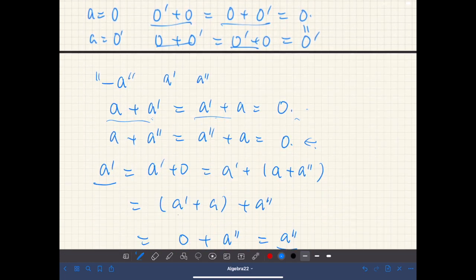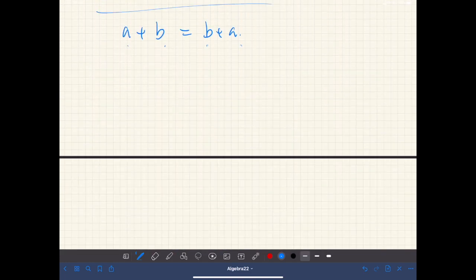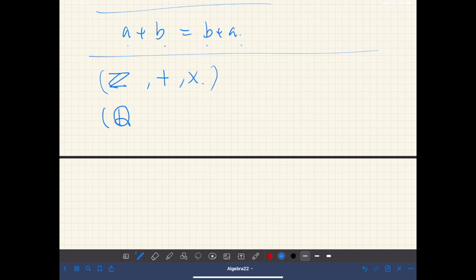Now, you should check that the set of integers with usual addition and multiplication as numbers is a ring. And also the set of polynomials in x with rational coefficients, with addition and multiplication as we have defined before, is also a ring.